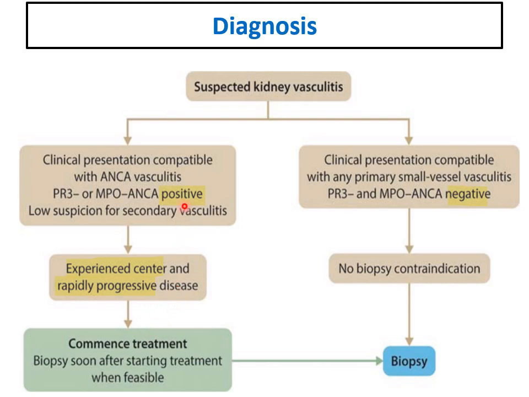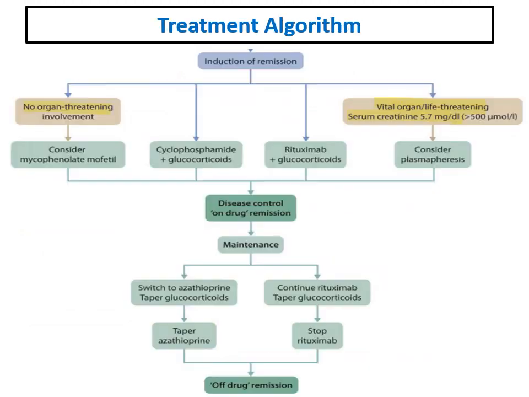ANCA positive with clinical presentation and rapidly progressive disease, start treatment as soon as possible. But if the ANCA is negative, we should wait for biopsy. If it comes back conclusive of ANCA-associated vasculitis or renal limited vasculitis, we can start treatment then.